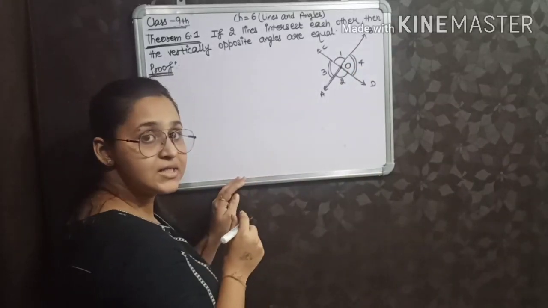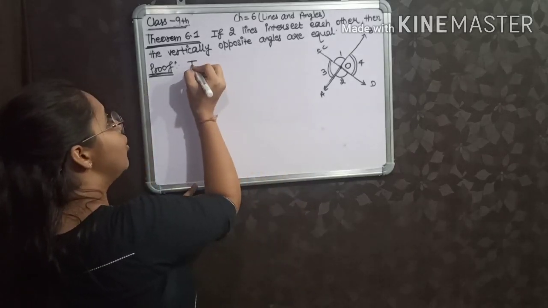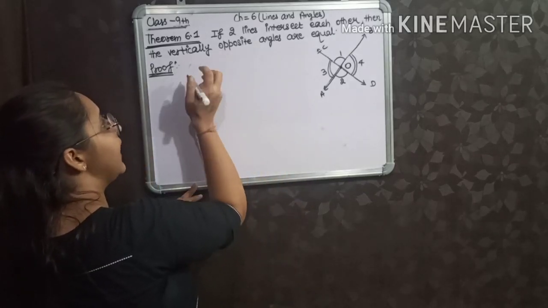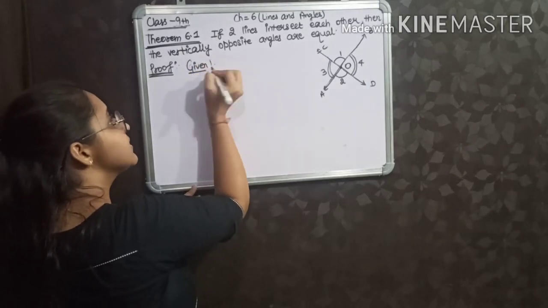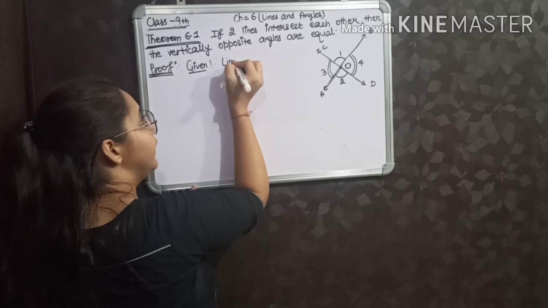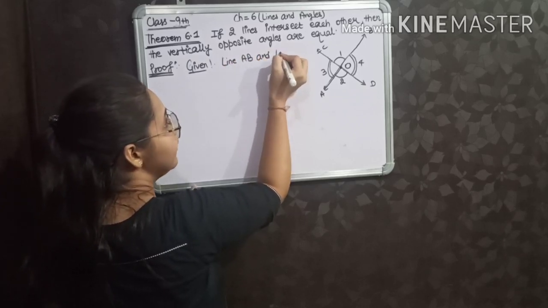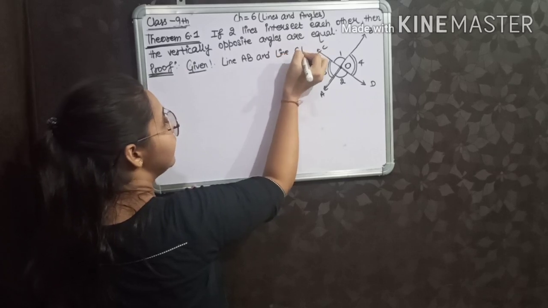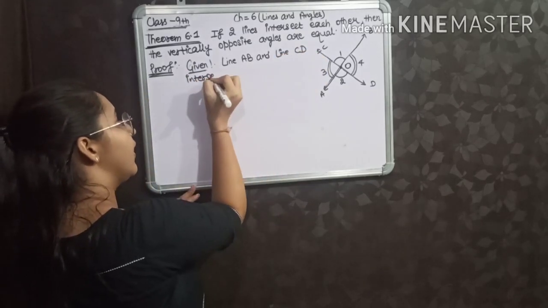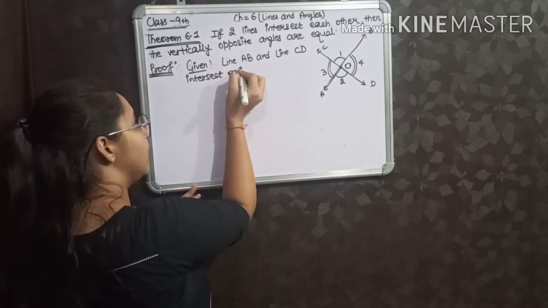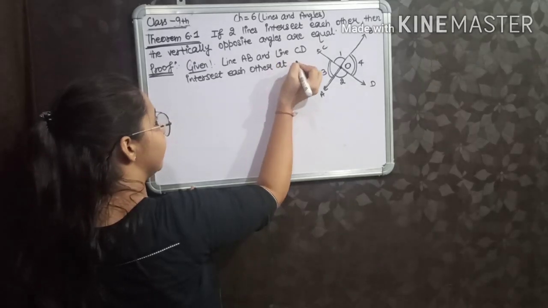Our task is to prove this. First of all, we write Given: line AB and line CD intersect each other at O.